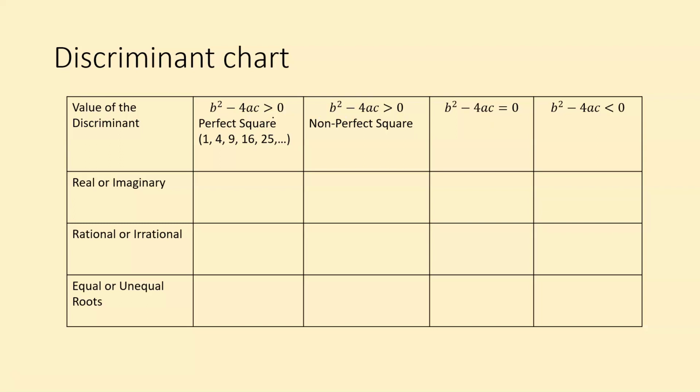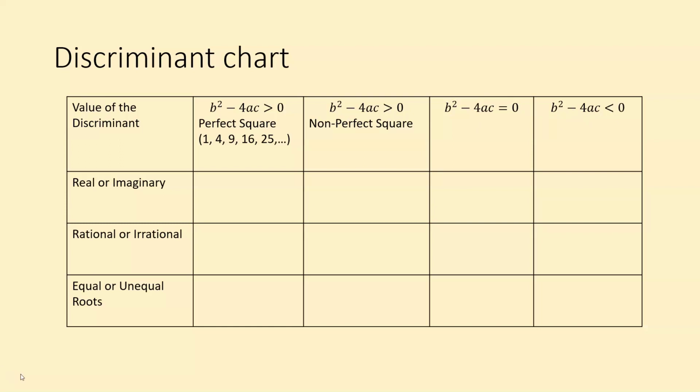The discriminant is positive, greater than 0, meaning it's a positive value, and also a perfect square, like 1, 4, 9, 16, 25, etc. Then the discriminant is positive but not a perfect square, like 2, 3, 5, 6, 7, all the numbers that aren't those numbers. Then we have the discriminant equals 0. And we have the discriminant is negative, less than 0.